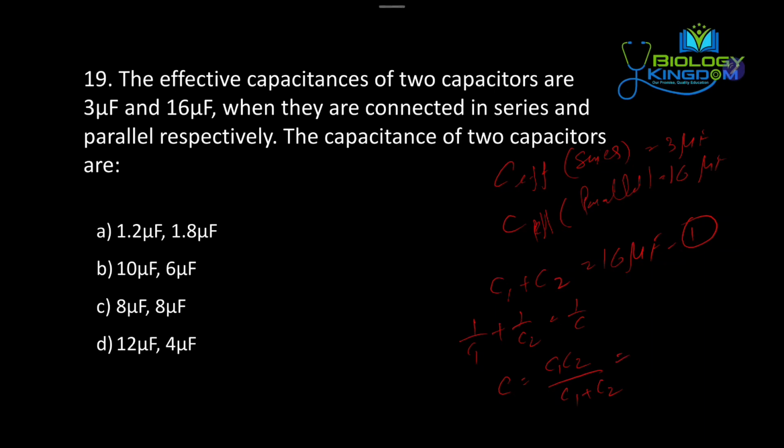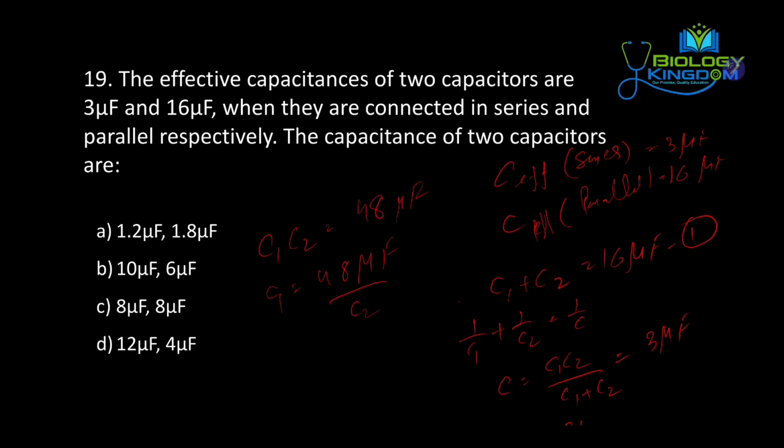This is another equation, and it is equal to 3 microfarad. The value of C1 plus C2 is 16, so C1 C2 is equal to 48 microfarad. So C1 is equal to 48 microfarad over C2.